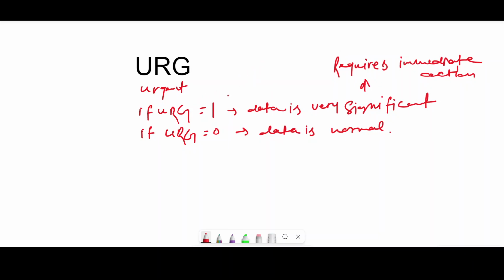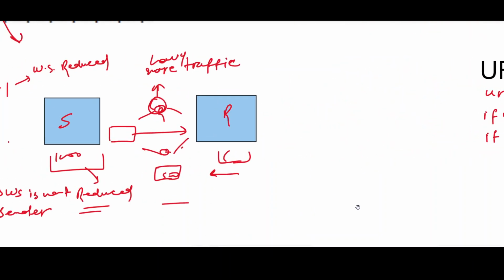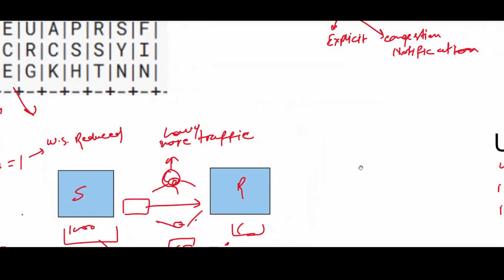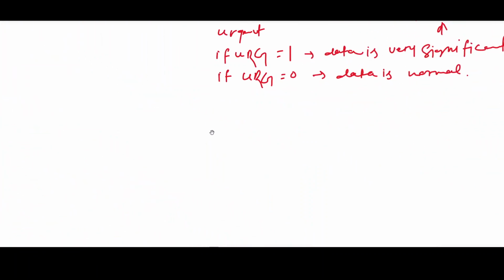Now we will move on to the next point, which is the ACK, acknowledgement flag. What do you understand about ACK, acknowledgement? This is a flag, and before this there was the acknowledgement number. Now if ACK is set to 1, what will happen?